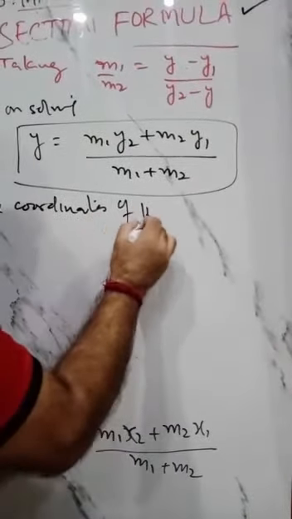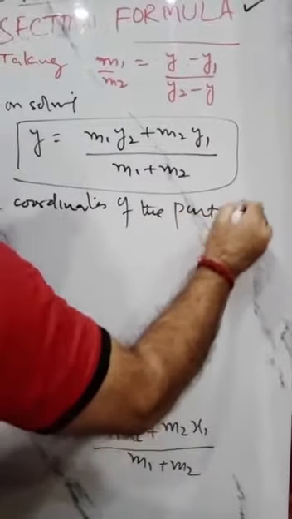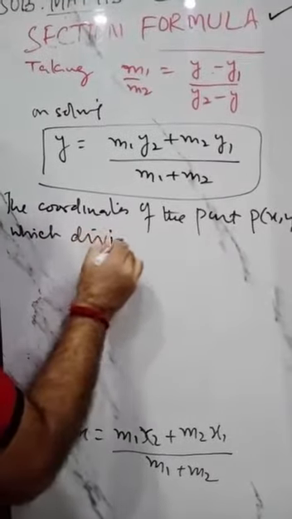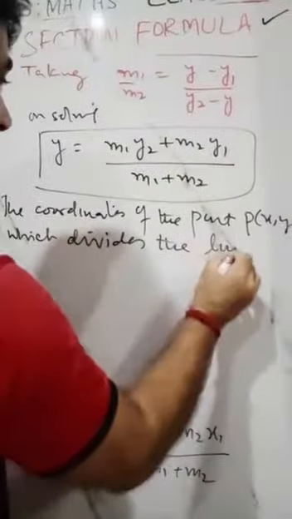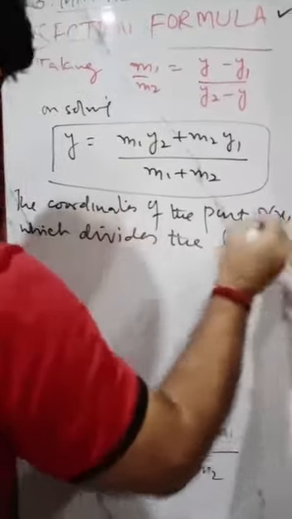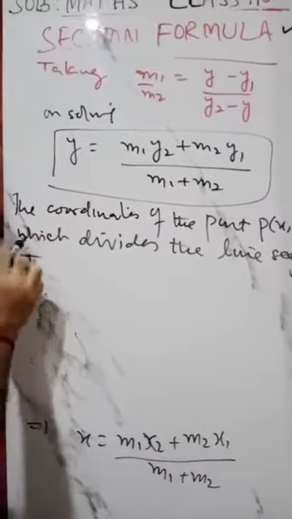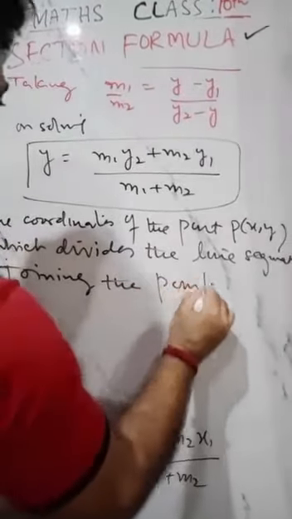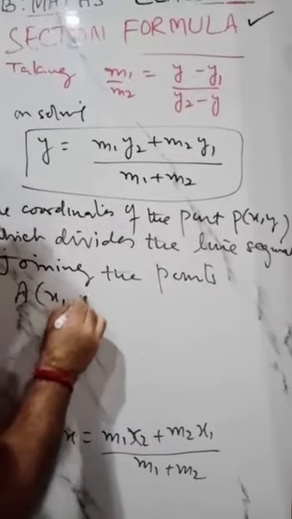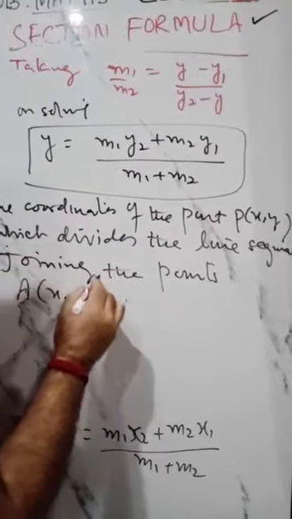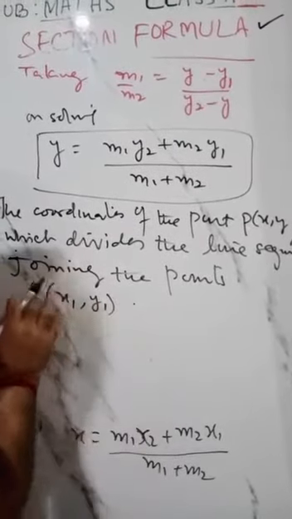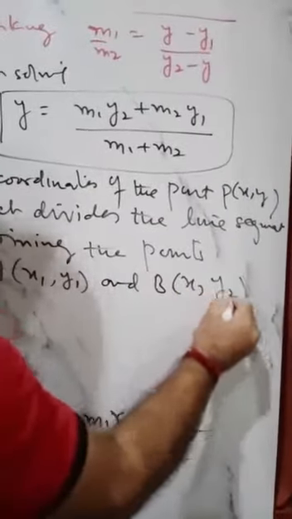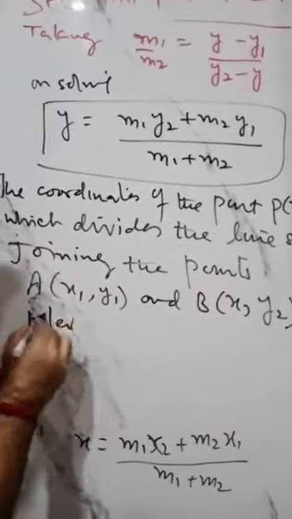of the point P(x, y), which divides the line segment joining the points A(x1, y1) and B(x2, y2) internally, in the ratio m1 to m2.